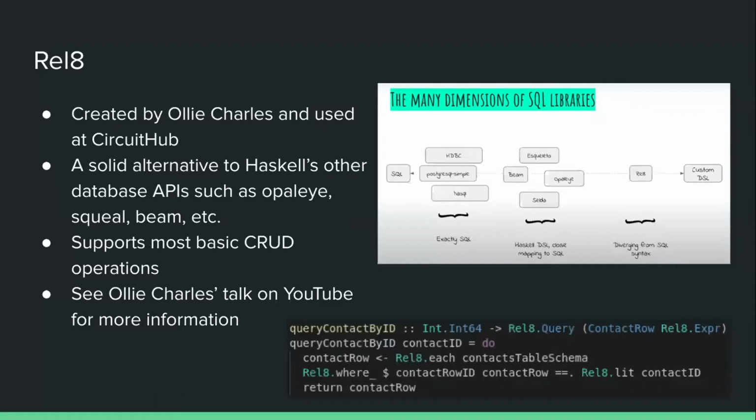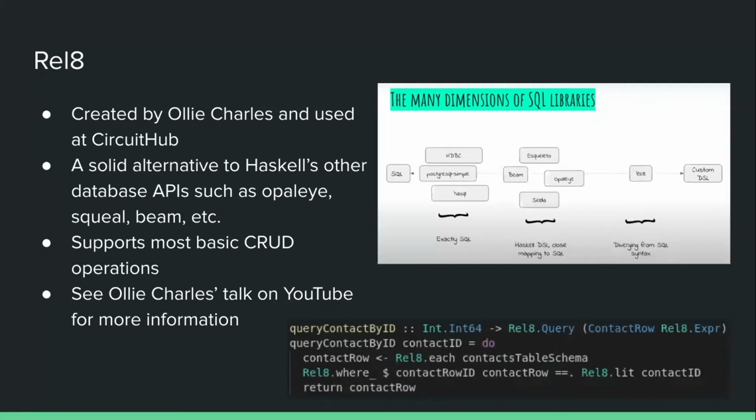So Relate, like the other libraries I mentioned in this talk, leverages do notation as a way to create a nice ergonomic API for interfacing with a database. In this case, it's only Postgres. It can only be used with Postgres at the moment. But I have this graphic here.